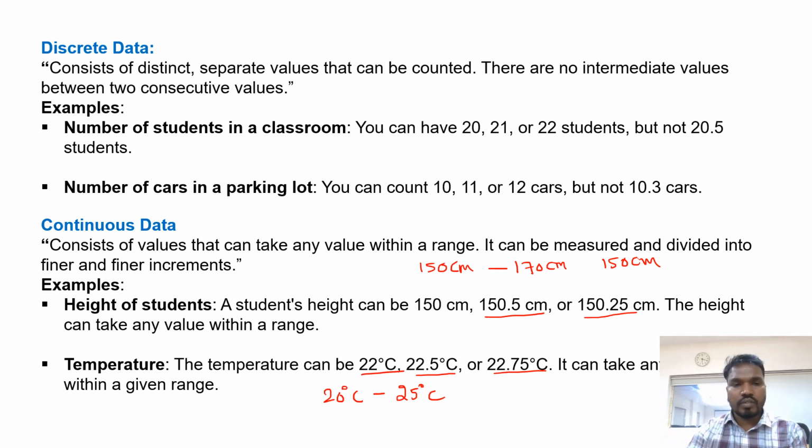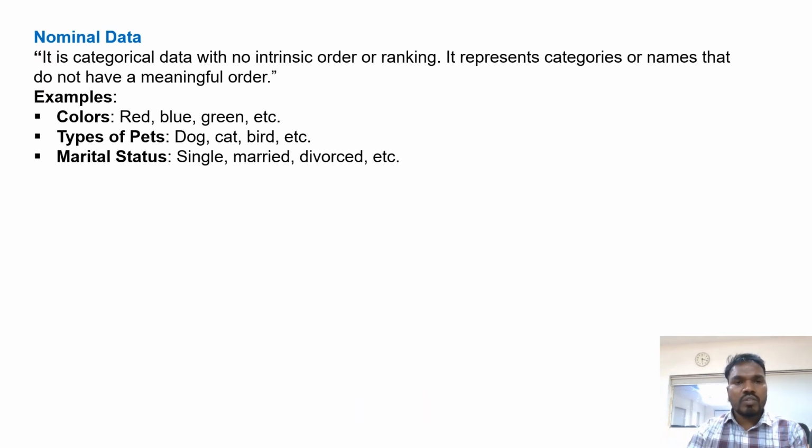Right? Clear? Okay. Now, nominal data, which is part of qualitative data. It is categorical data with no intrinsic order or ranking. It represents categories or names that do not have a meaningful order.